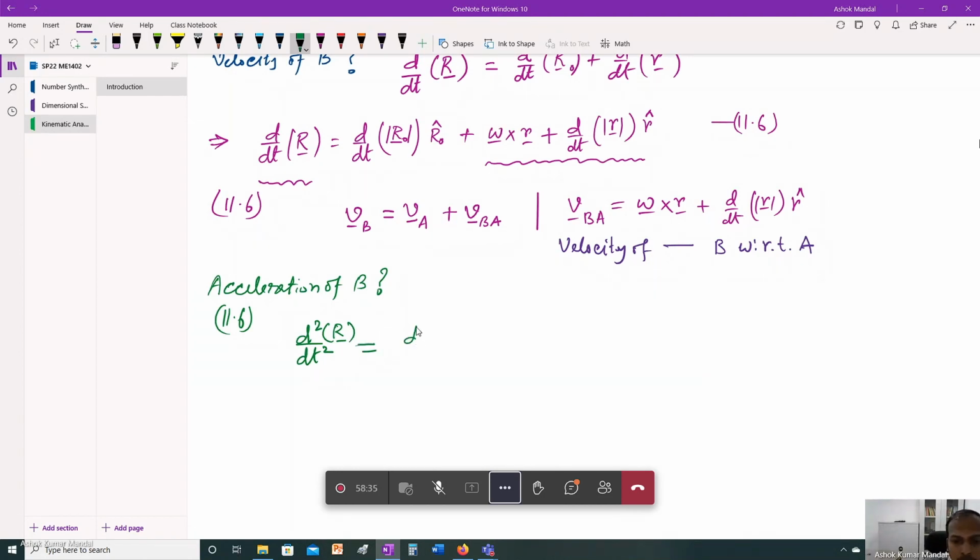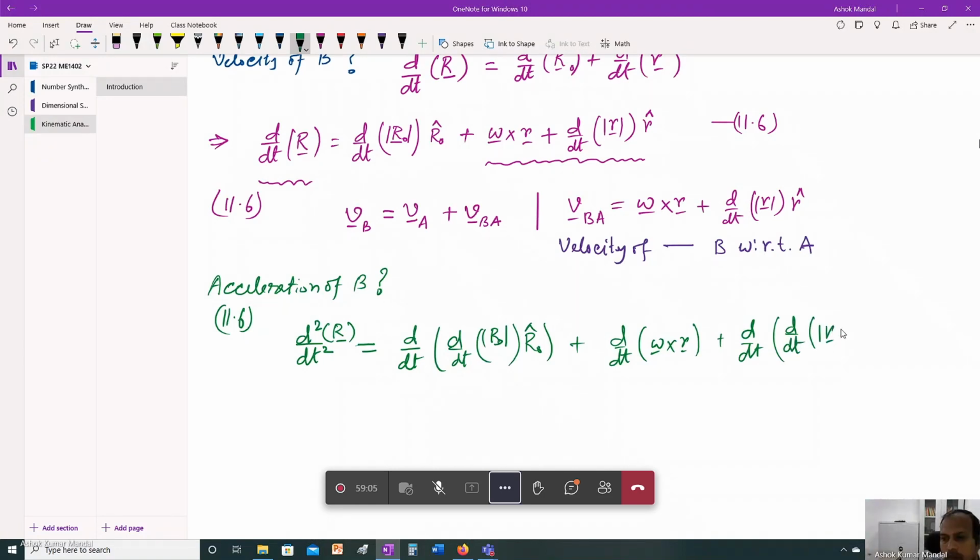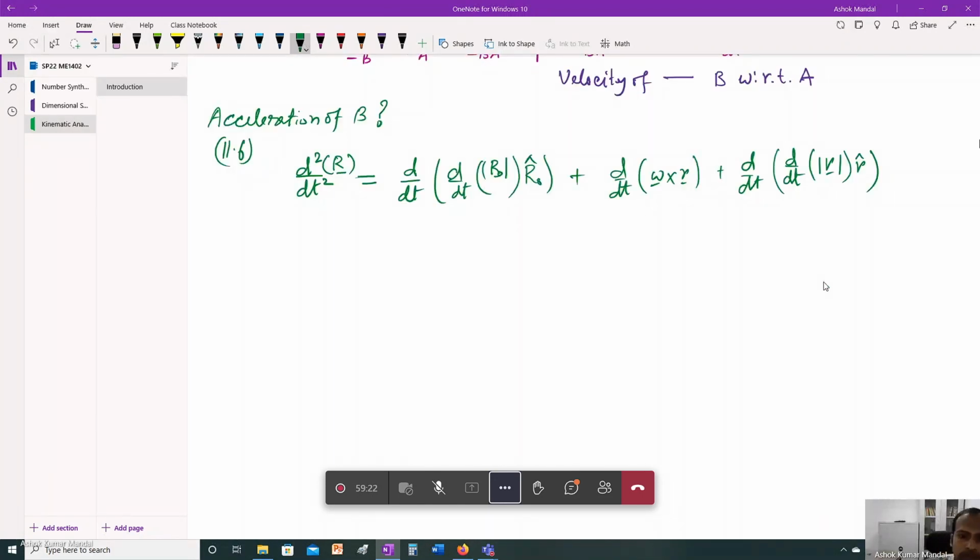Let us write it down this way, very simple, keep it simple: d dt of R0 in the R0 direction plus d dt of omega cross R plus d dt of this. Are you fine with this line? Yes, sir.